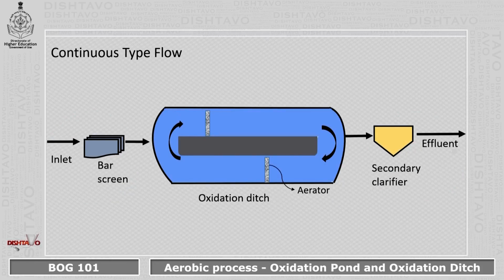Working of continuous flow type. The wastewater enters the system through the bar screen. It is important to note that this wastewater can either come from the pre-treatment of water or it can also be raw sewage. In the oxidation ditch, the aerators carry out the aeration.